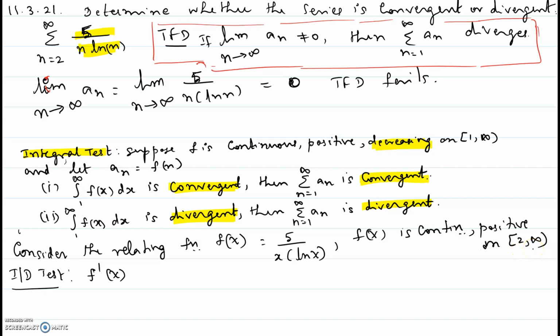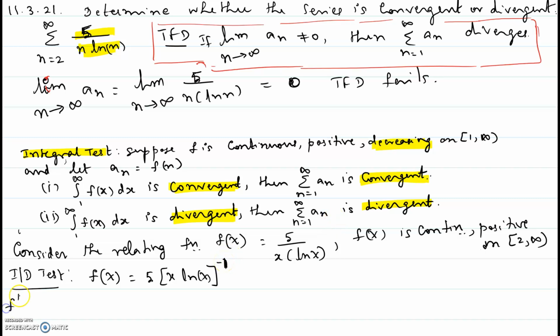So let's consider the derivative of the function. In order to find the derivative, it's better to write f of x as 5 times (x ln x) to the power negative 1. So we are taking the denominator to the numerator and taking the exponent as negative 1.